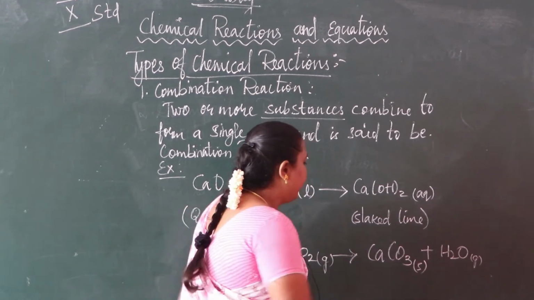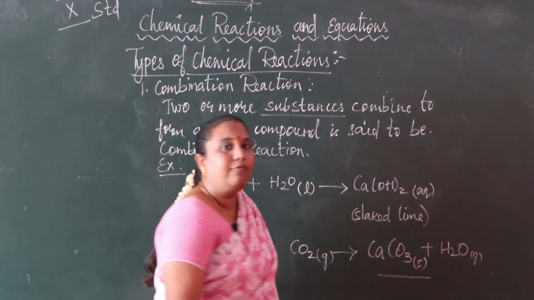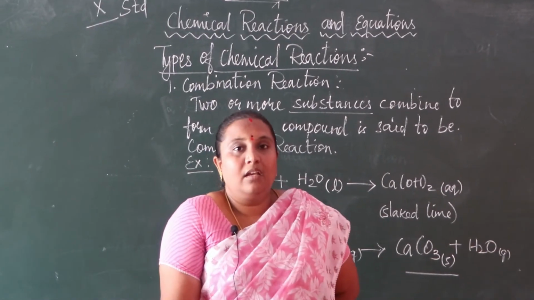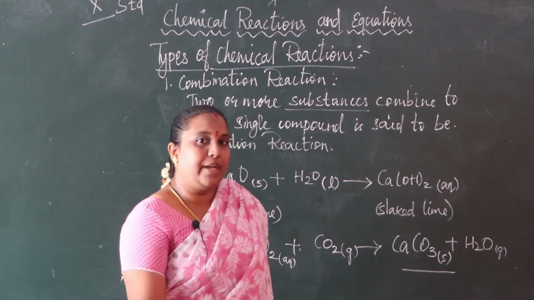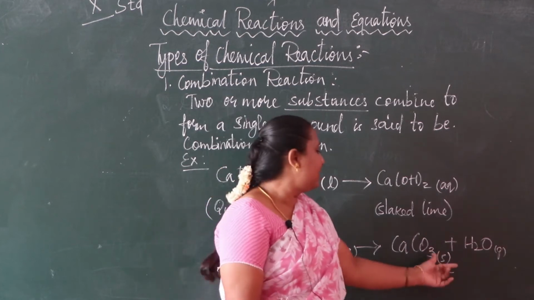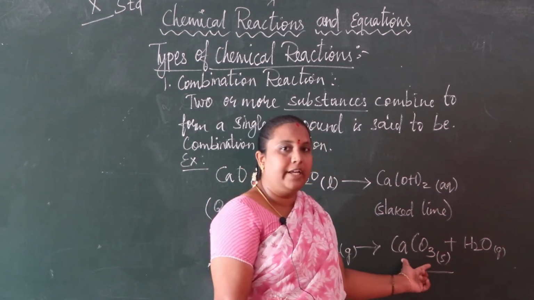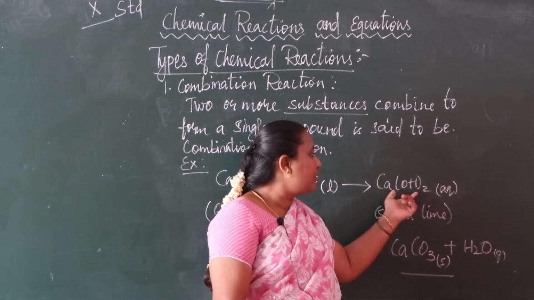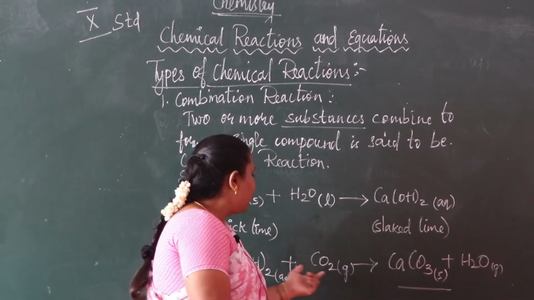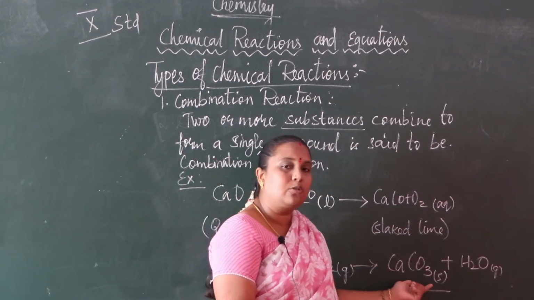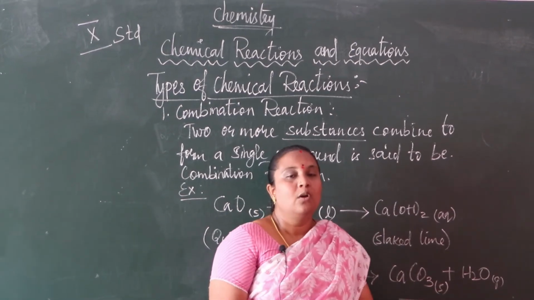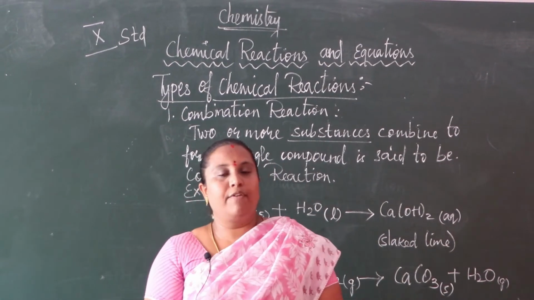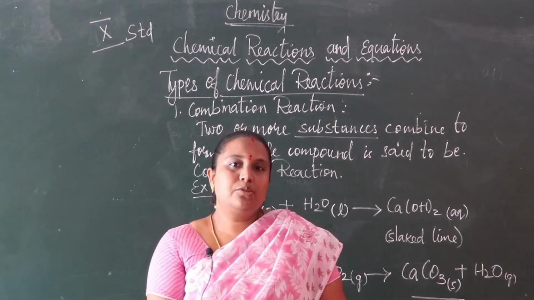After 2 to 3 days of whitewashing the walls, we see a very shiny surface on the walls. What is the reason? It is calcium carbonate. Calcium hydroxide reacts with carbon dioxide and changes into calcium carbonate, which looks like a very shiny surface on the walls. Understood, children?